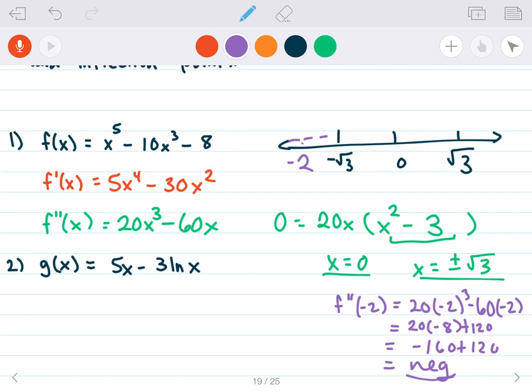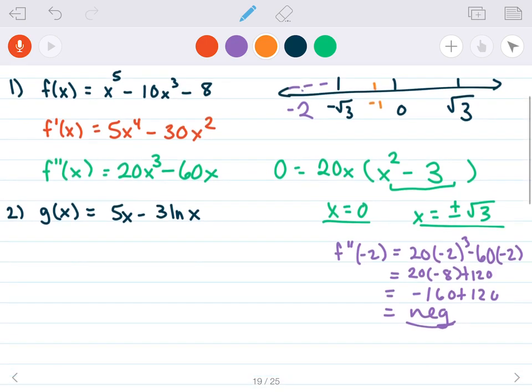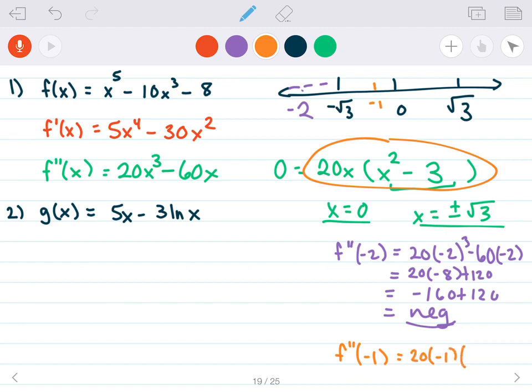How about negative root 1, which is the same thing as negative 1? F double prime of negative 1 is, and actually, maybe I should use this version of the second derivative. That might be better to see. So this is going to be negative 1 squared minus 3.